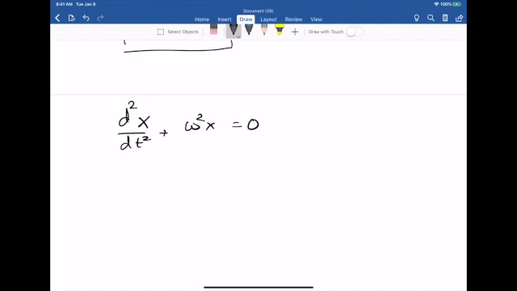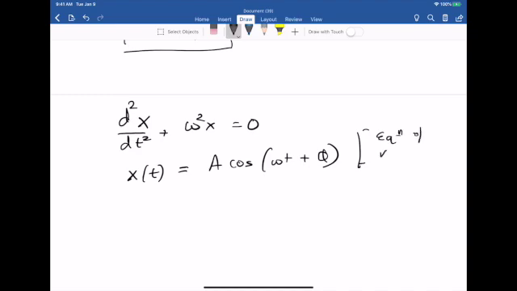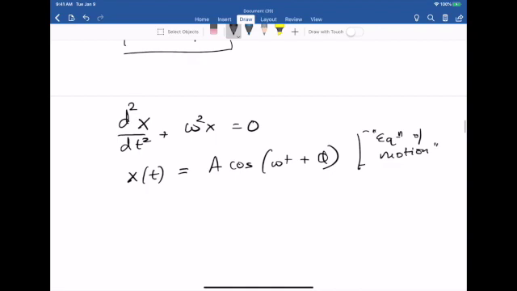And we solved this differential equation and got the solution x of t is equal to A cosine or sine of omega t plus phi, right? Another name for this solution is the equation of motion of the system. That's just a name for the solution. All right, let's make sure that we are clear about what this equation of motion is doing for us. So we have our spring mass system.